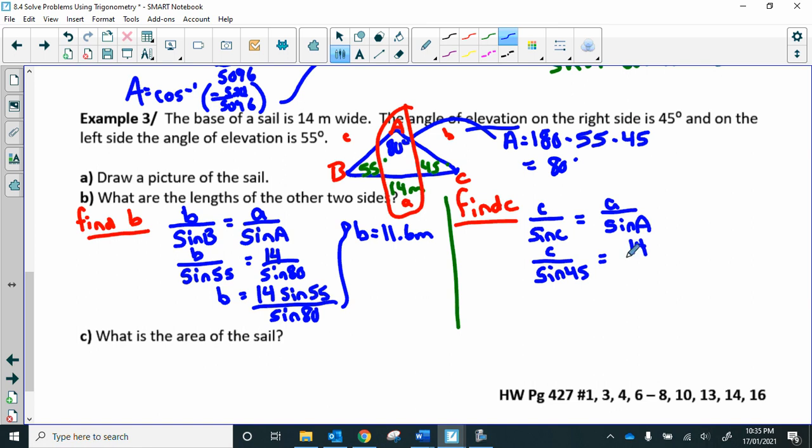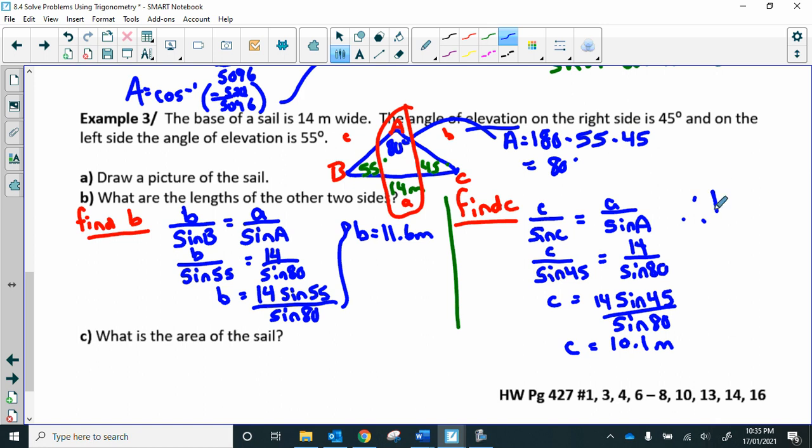And using that same side angle pair, I'm just going to copy that from the other question. Getting c by itself, I'm going to move that sine 45 over to the other side. And then you're just plugging that into your calculator. You get 10.1 meters.